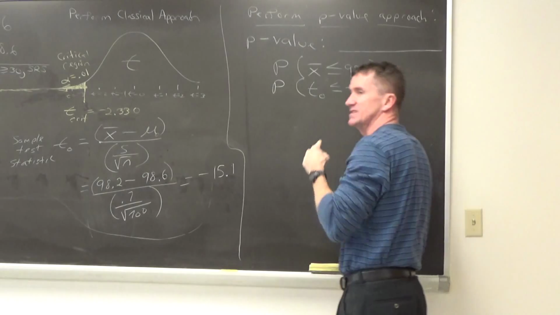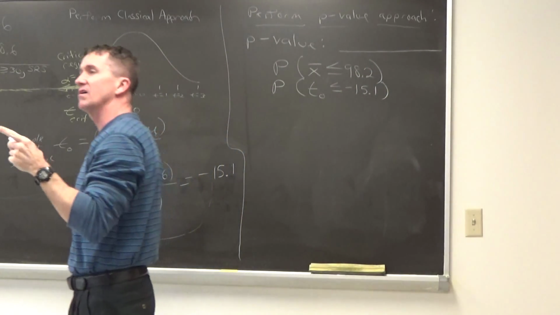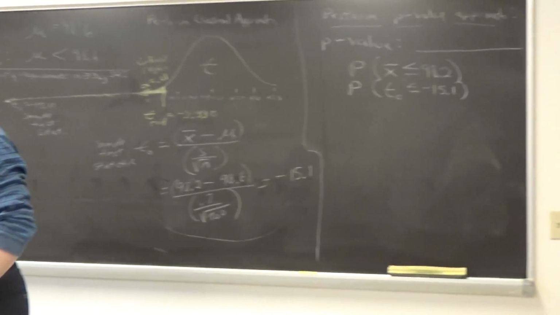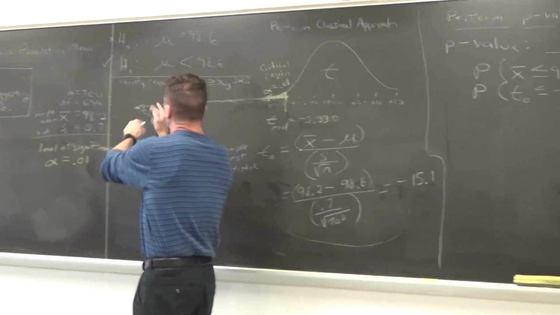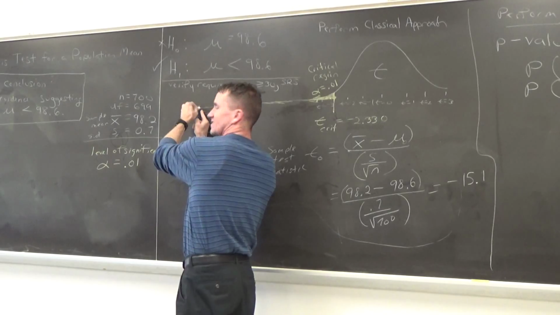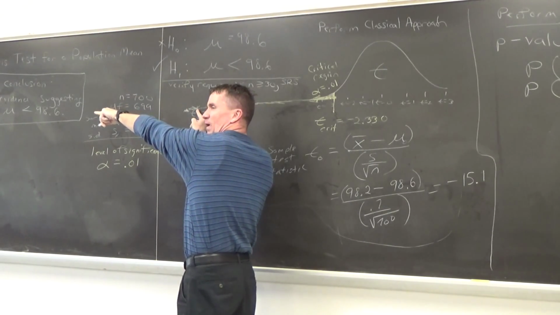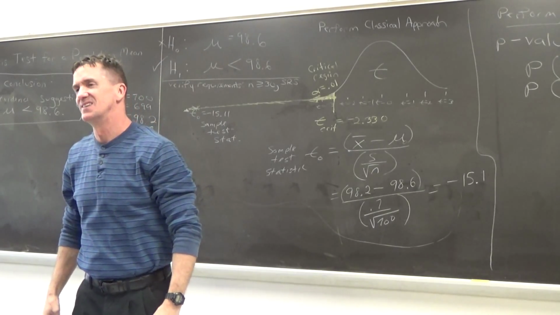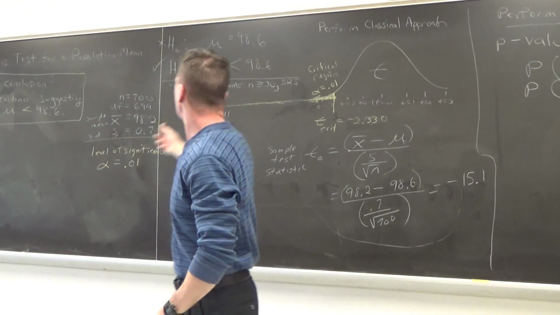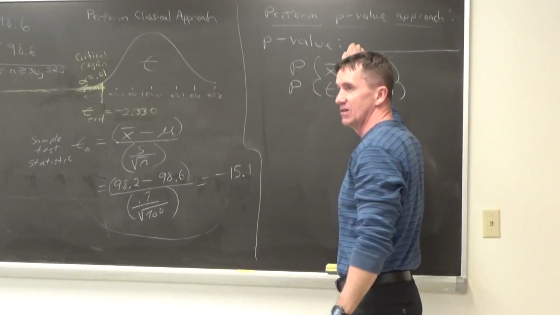Some of you might have a sense of this probability in your head, but we'll use the calculator to get this. What I'm basically saying here is, from this marking over to that side, what area of this bell curve is shaded? It's not much, is it? This is going to be a very, very low number.